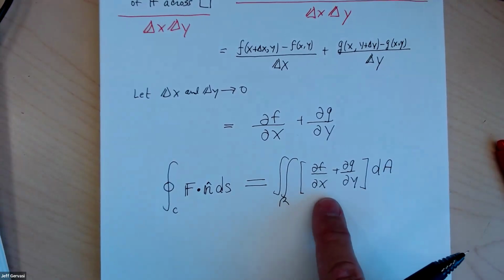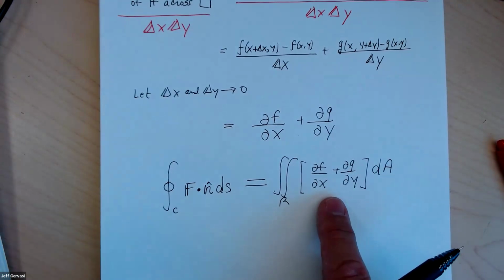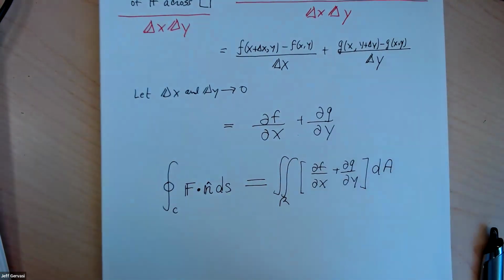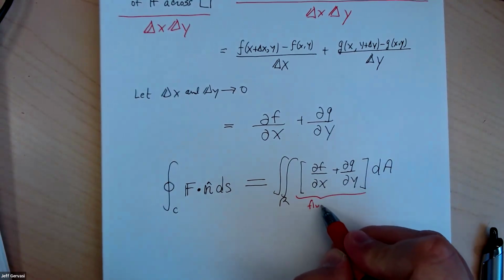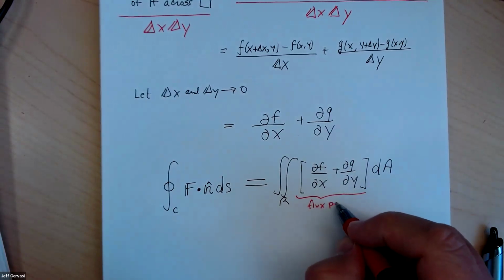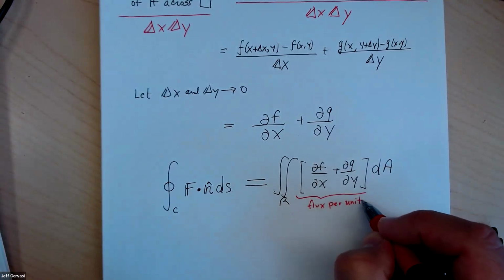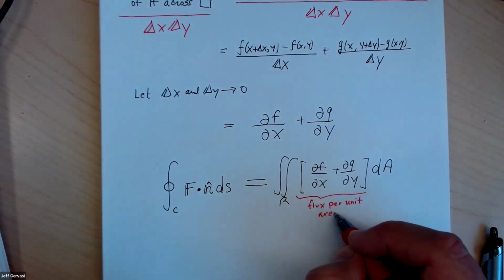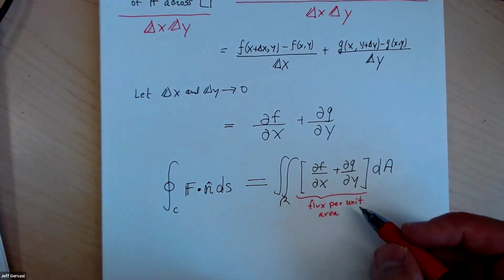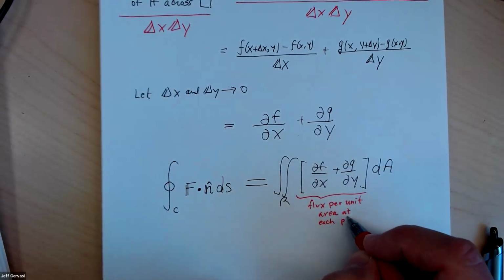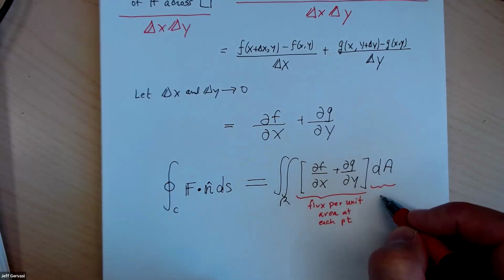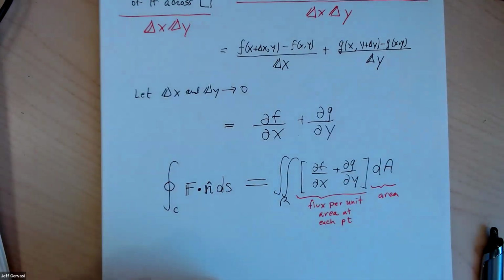So that expression right there is the flux per unit area at each point in the region R. This, of course, is a differential element of area.